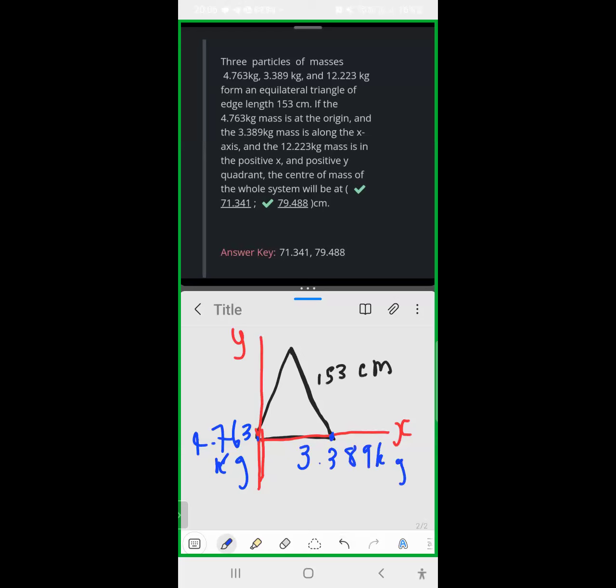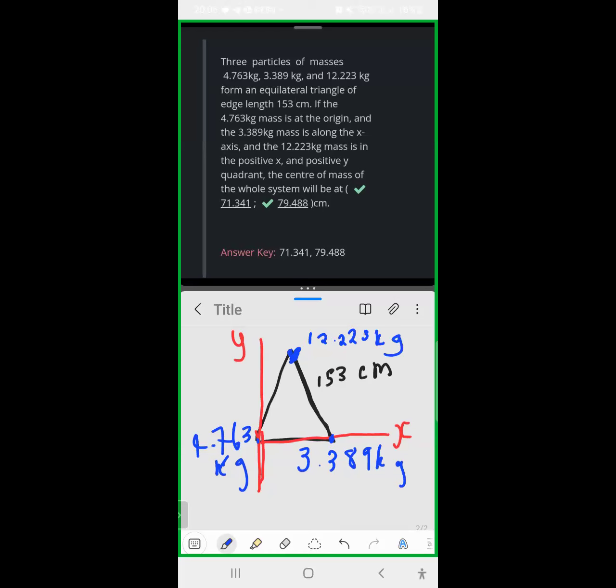And then we are also given that the 12.223 kg mass is in the positive x and positive y quadrant. So this is the positive x and the positive y quadrant. Thus, our other particle will be located here, which has the mass of 12.223 kg.